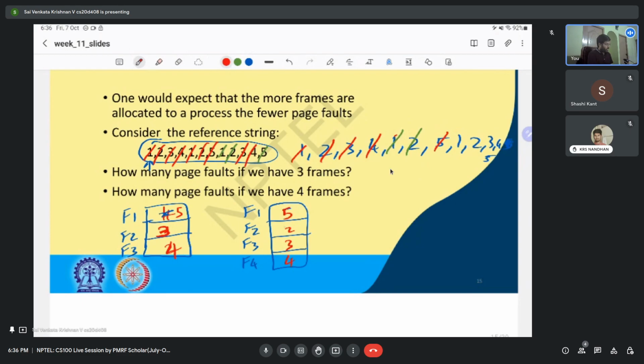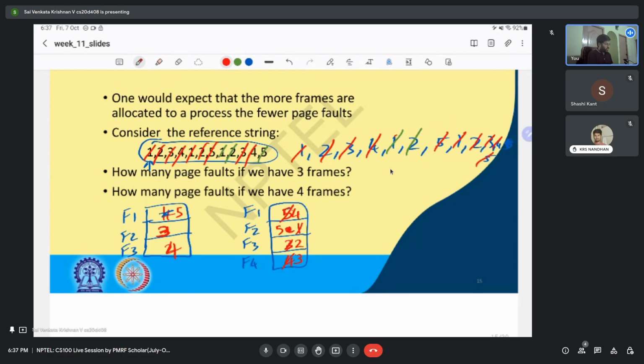And now 1, so it will be 1. Now 2 will come in place of 3, and 3 will come in place of 4. Now 4 will come in place of 5, and 5 will come in place of 1.